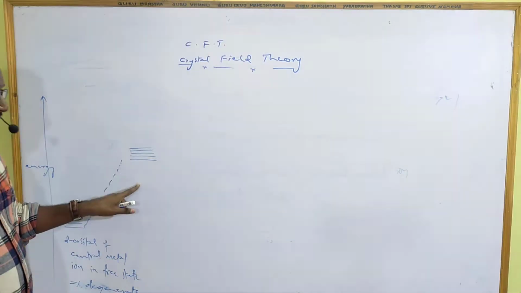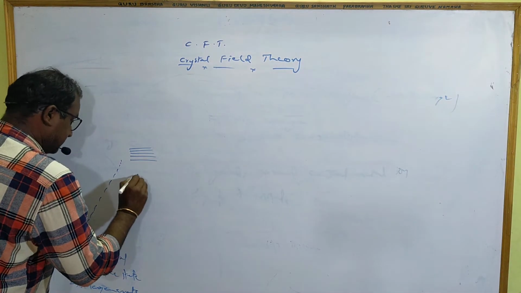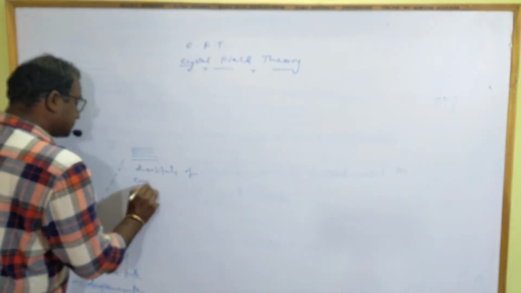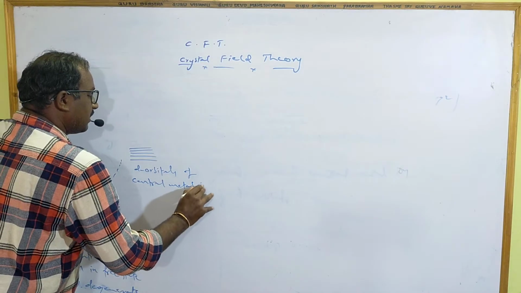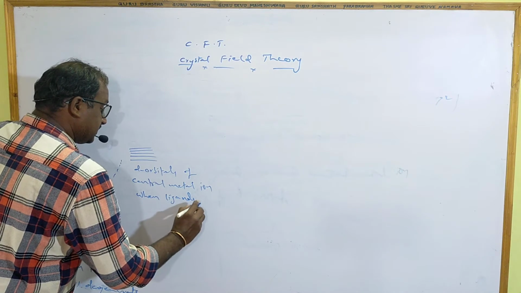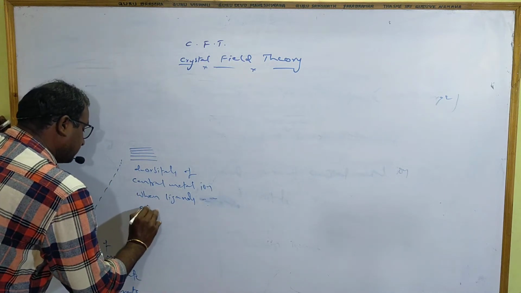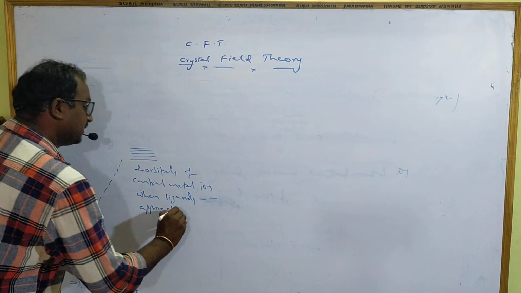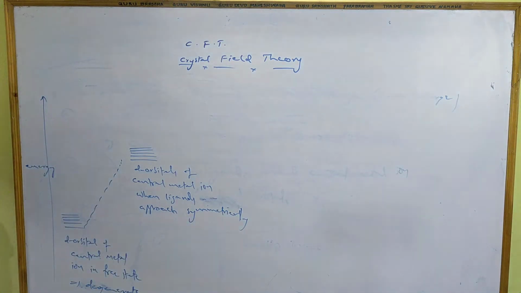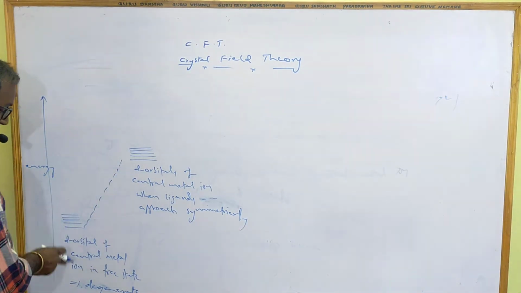So when 6 ligands approach the central metal ion symmetrically, the 5 d orbitals contain the same energy, but the energy will be more as compared to the free state.